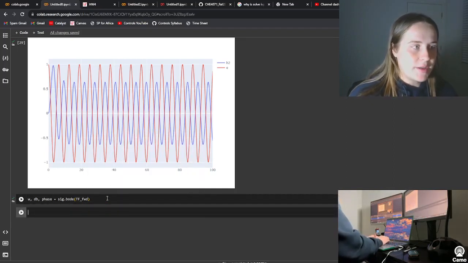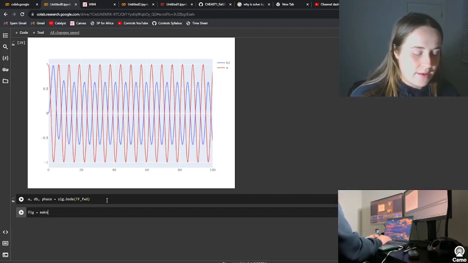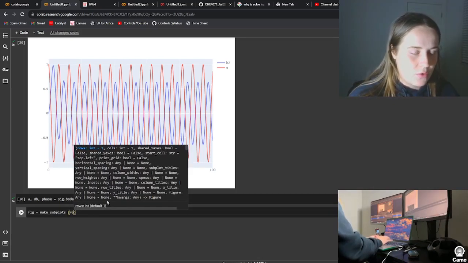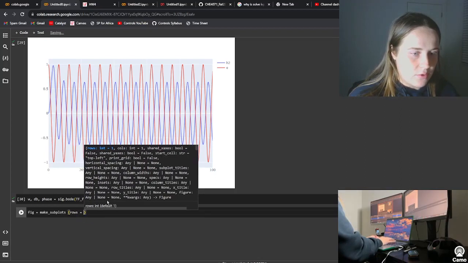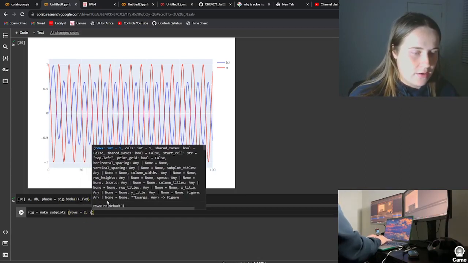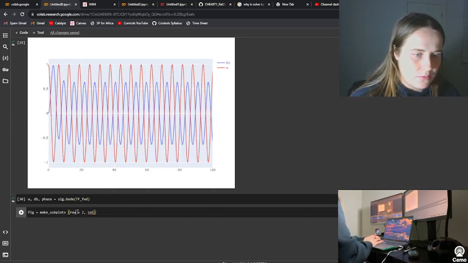And then next I'm going to do fig equals make subplots, rows equals 2. I think this just needs to be row equals.